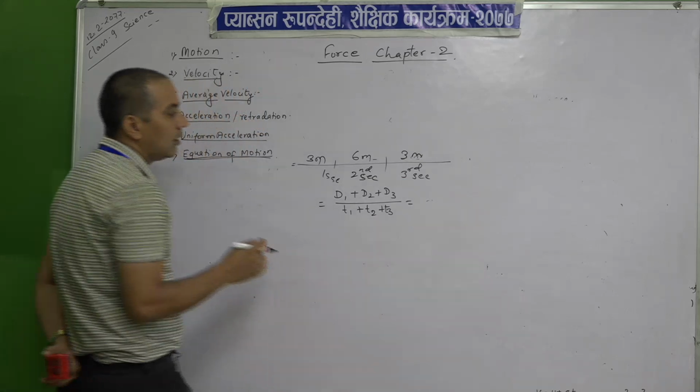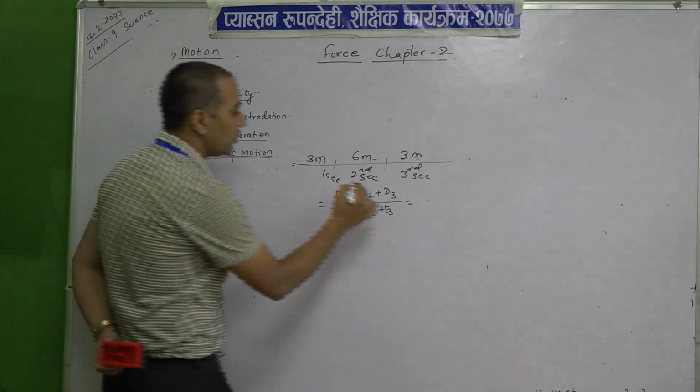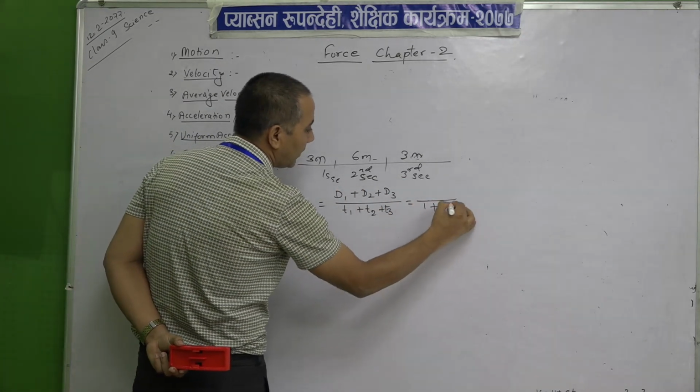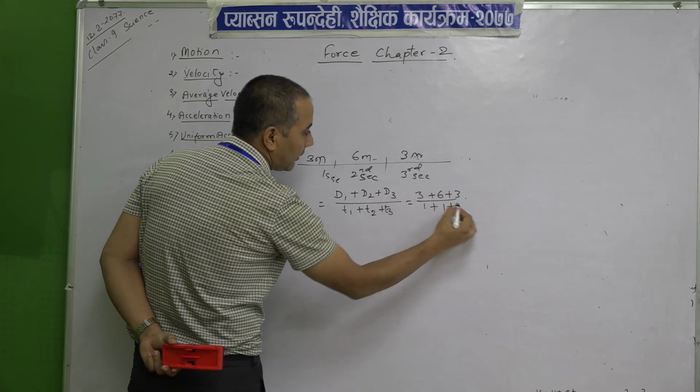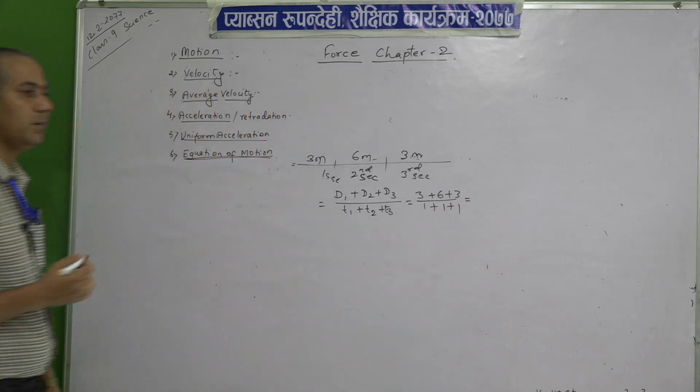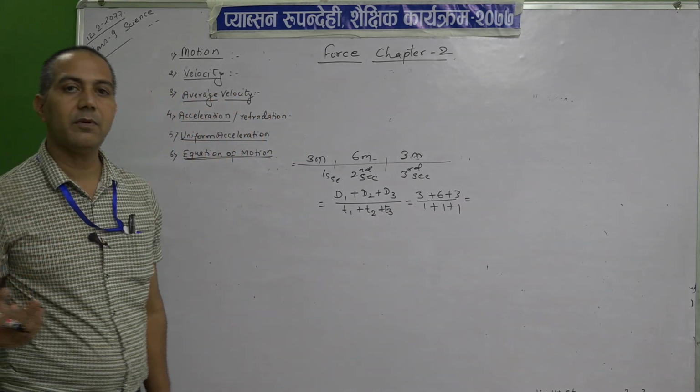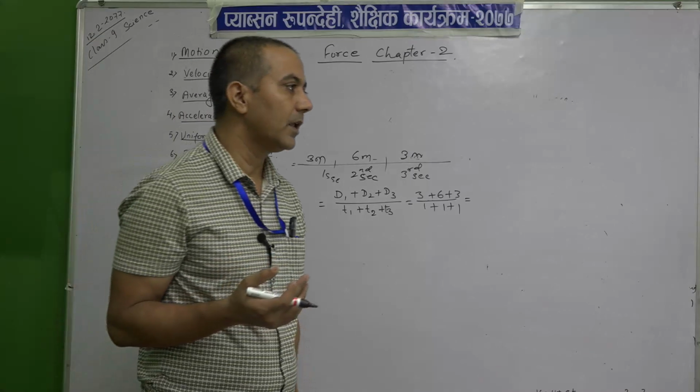That is, 1 plus 1 plus 1 and 3 plus 6 plus 3, that gives the average speed. So, speed is distance covered in a particular time.